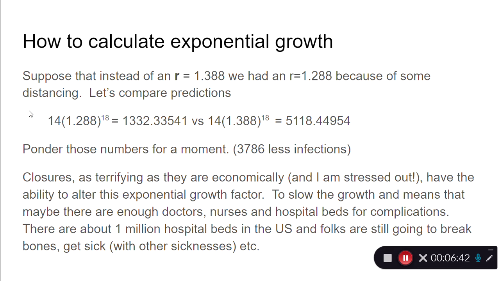Well, then we have maybe 1,300 cases by the first Friday in April, as opposed to 5,000. So these are small numerical differences that could result in 3,800 fewer people seeking medical attention, taking up swabs and tests and reagents.